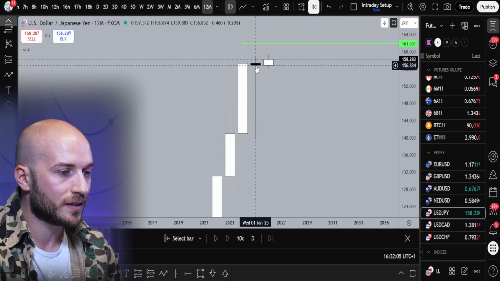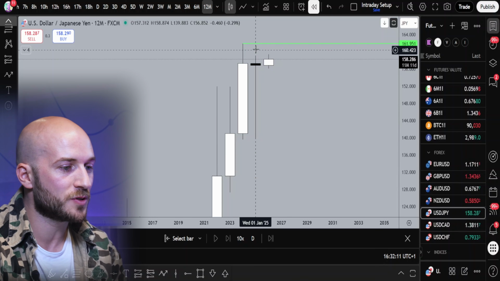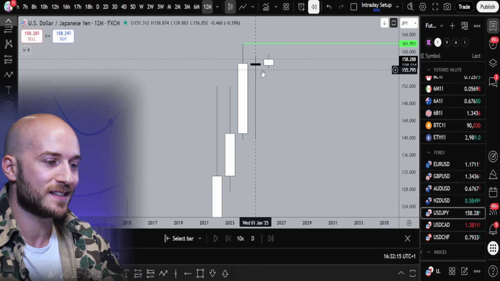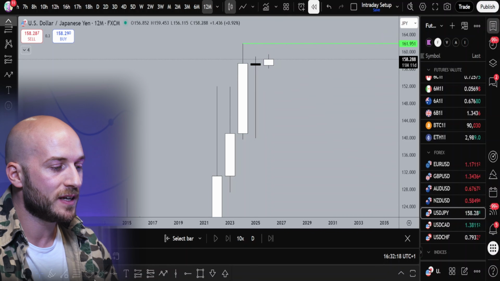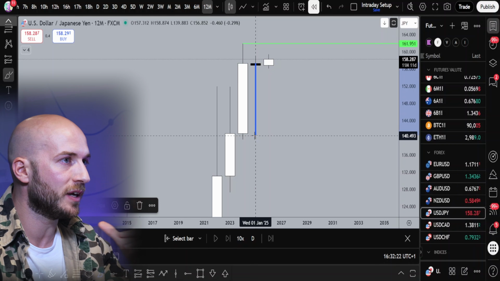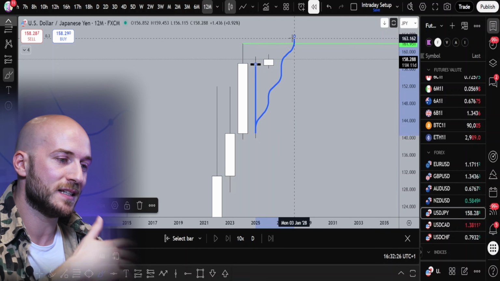And price start and go down, down, down, down, down until at some point it goes up again. Why? Because my bias is always the same one. So if I see the price drop, I just think, okay, it's a fake move to the downside because my bias is still long. Okay, and you can apply this in every time frame.